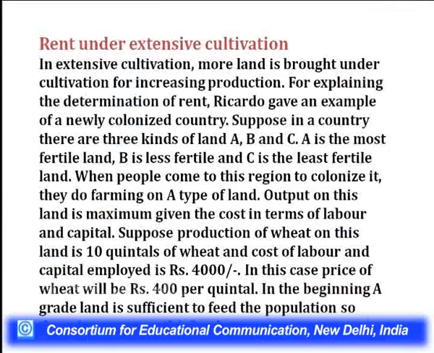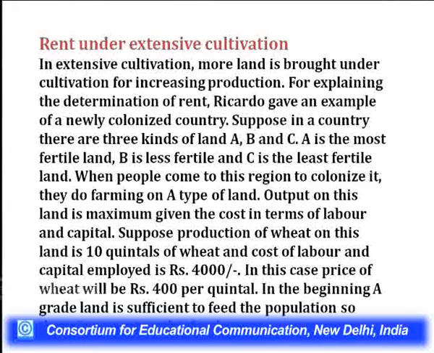Now we will see how rent is determined under extensive cultivation. Firstly, we should know what extensive cultivation is. In extensive cultivation, more land is brought under cultivation for increasing production.